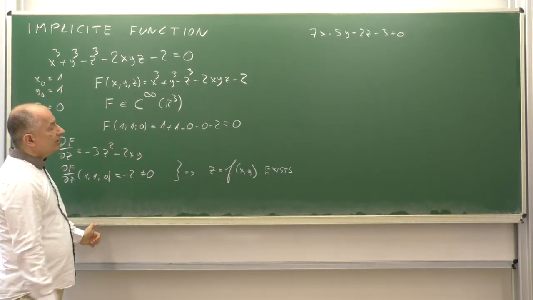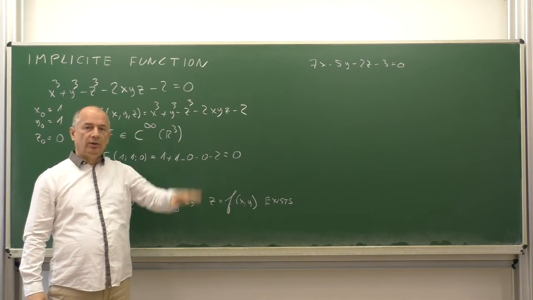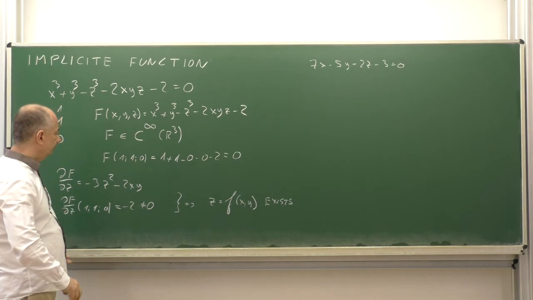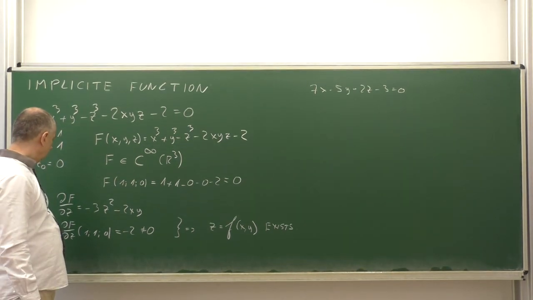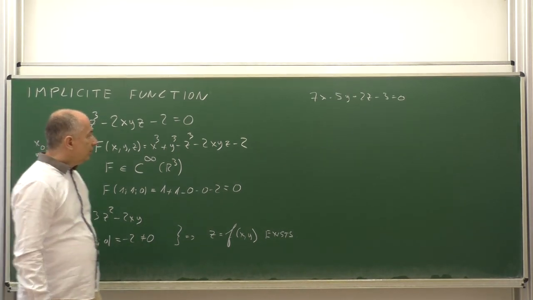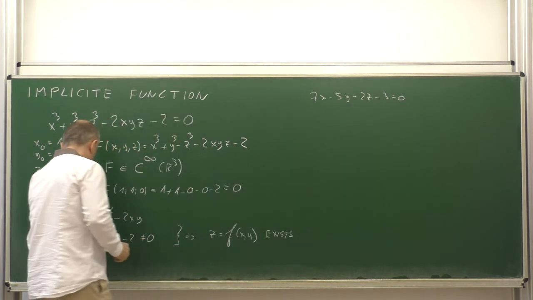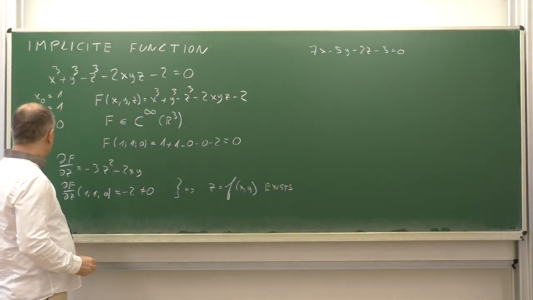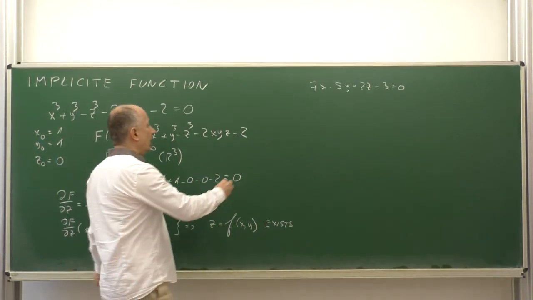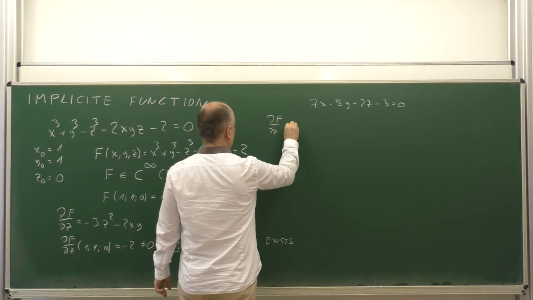And let's find the first derivatives to be able to write, say, the Taylor polynomial of order 1 or the tangent plane to this surface. So the first derivative can be computed using the partial derivatives of capital F. Here we have with respect to z, and let's compute the derivative with respect to x and y.